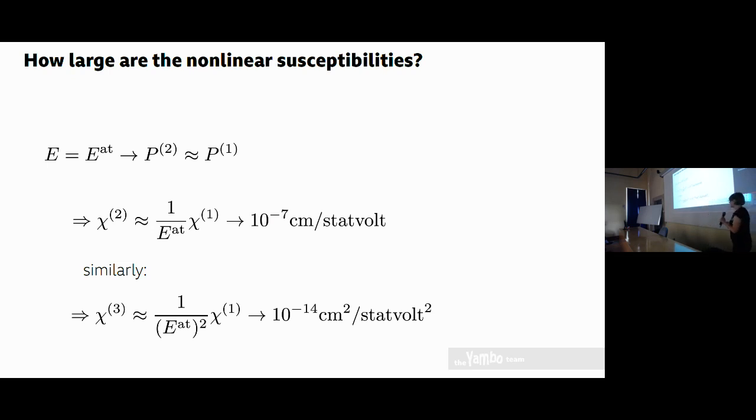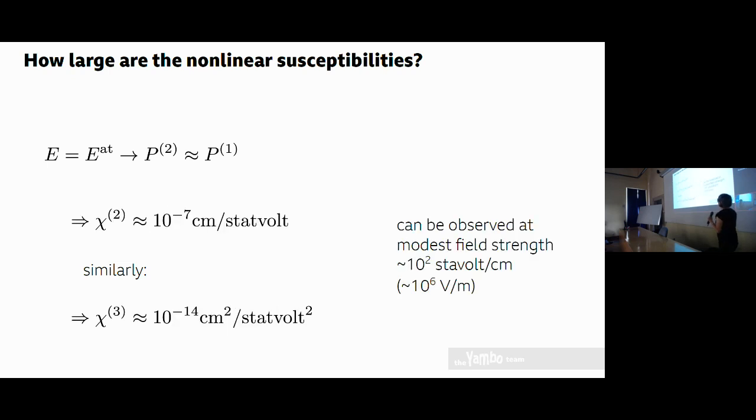So one can say, well, can we really observe this? Yes, in fact, it can be observed with modest field strength. Second harmonic generation was first observed in 1961, just with the first lasers that were devised at the time.